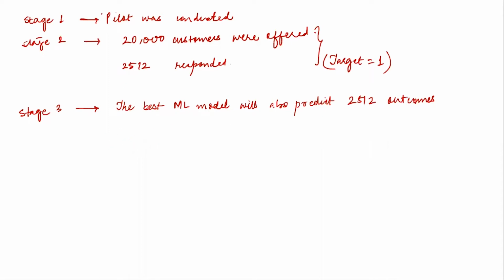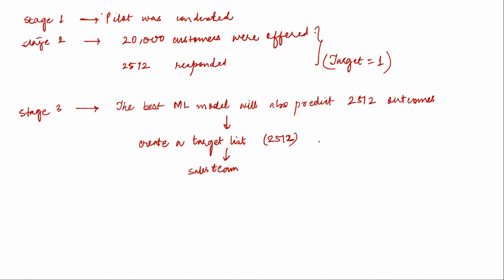If you create, using the ML model, and predict exact 2512 outcomes, then the next thing you will do is create a list and give it to the sales team, isn't it? So how many people will be there in your list? 2512.